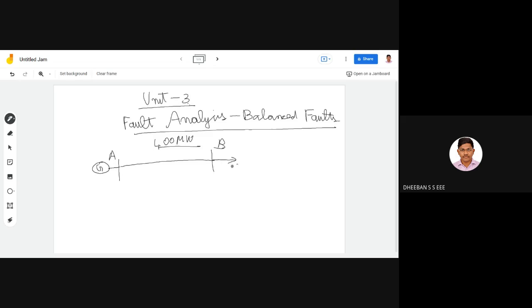This is a simple example I am carrying out. This transmission line might have been designed for 400 megawatts. So using your load flow only, you can check whether this 400 megawatts of power is carried through this transmission line.